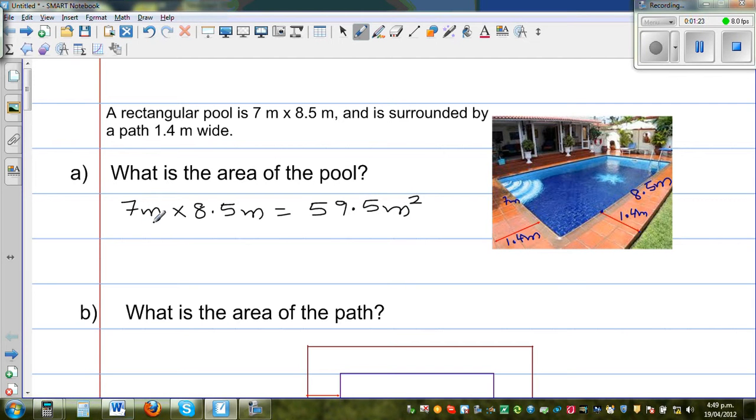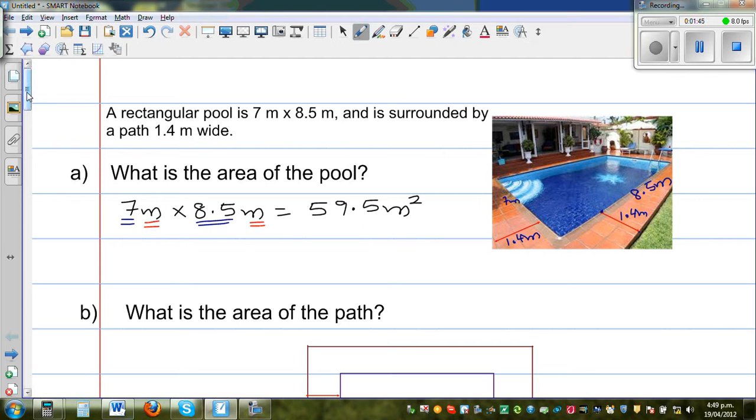You may not write meters and meters again here, but I would recommend that you write this step. First you multiply the numbers and then you multiply the units. So multiplying the numbers, you got 59.5, and multiplying the units, meter times meter gives you meter squared.